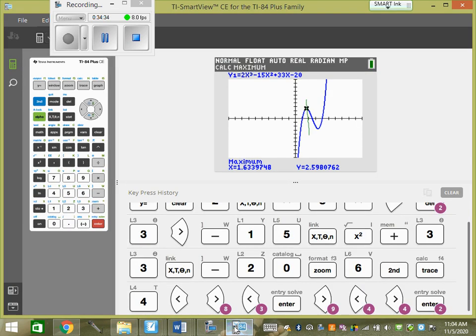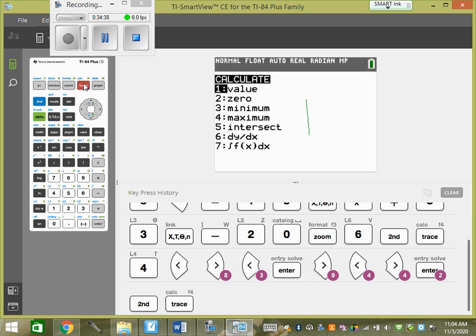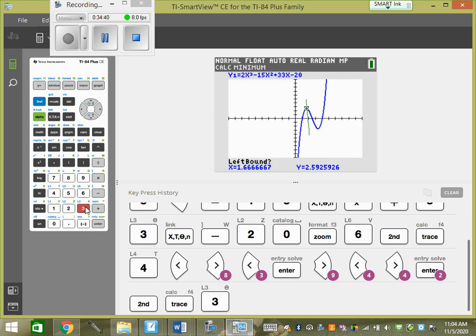Well, I need to calculate something. So I'm going to go second, trace, which is calc, and this time I'm going to pick my minimum. And now I need to be on the left and right of my minimum. So there I'm on the left, I hit enter. Then I need to be on the right of it, and I hit enter.